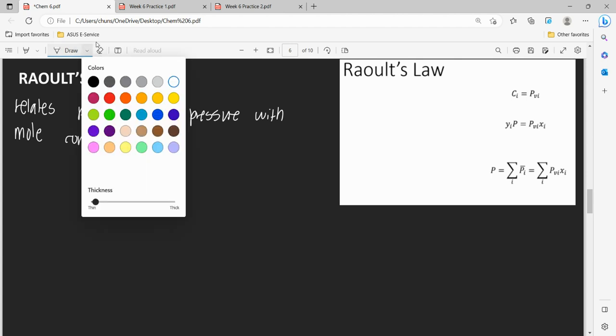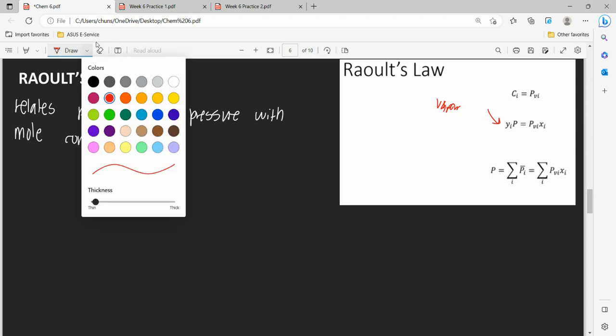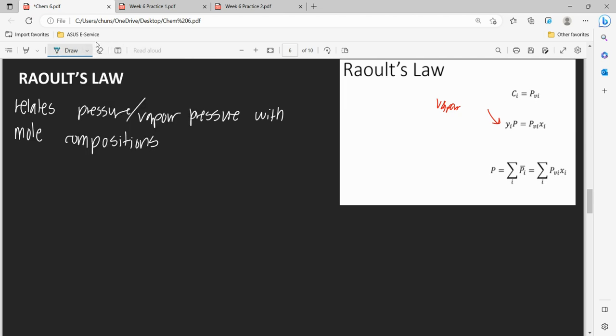Using these equations over here, it was determined that our vapor mole fractions can be related to our liquid mole fractions using our pressure and our vapor pressures of specific components of mixtures. And this is the equation that we will primarily be using.